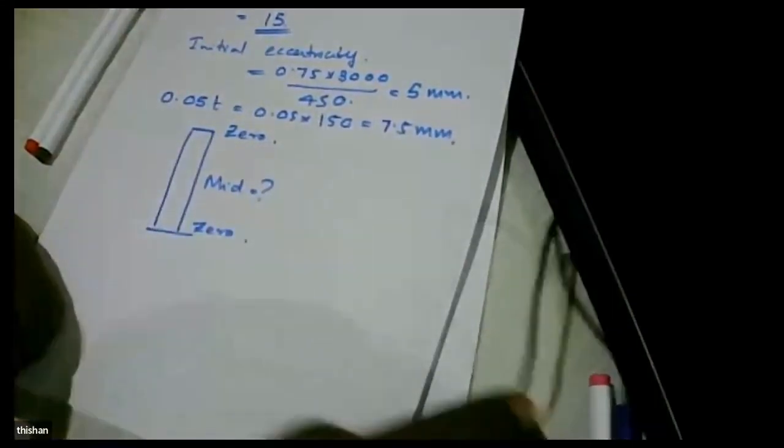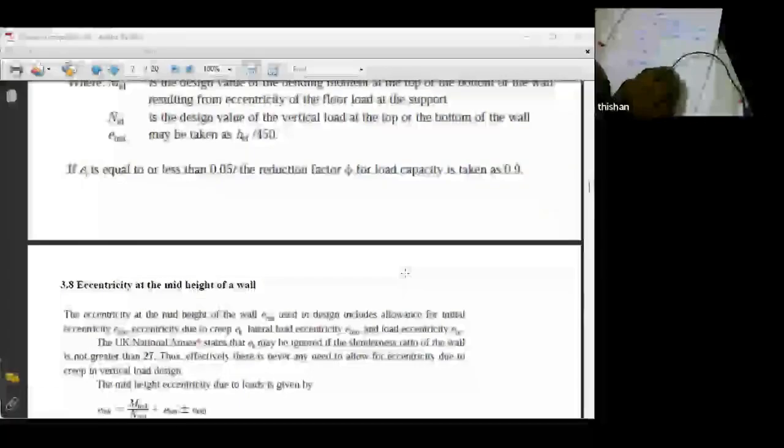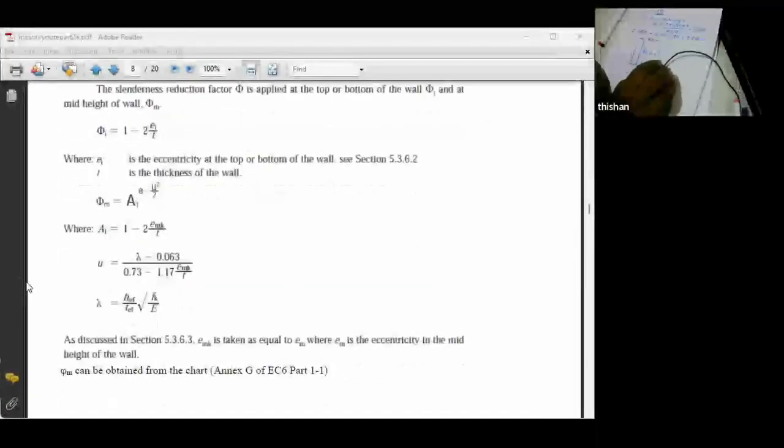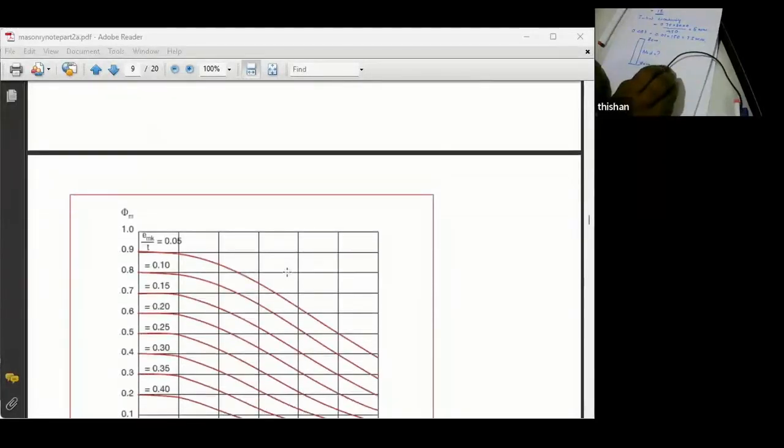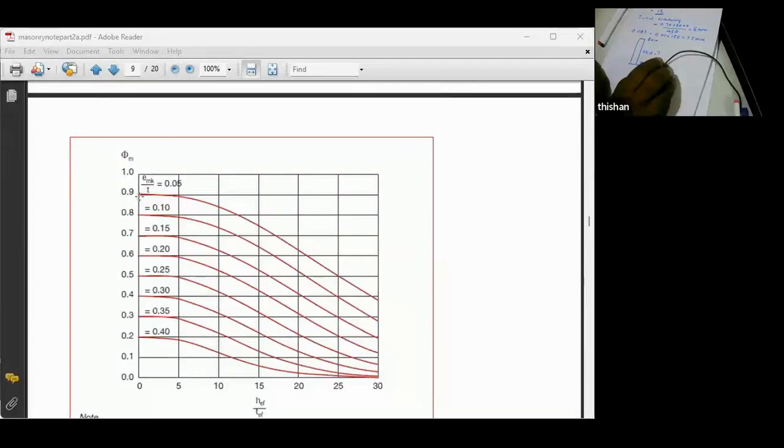The eccentricity in the middle is given by a complicated equation, but they have given a chart. So here you can see the initial eccentricity is less than 7.5 millimeters.